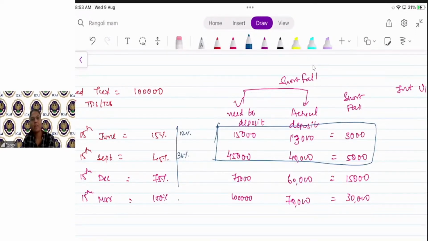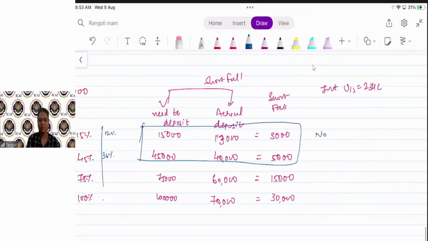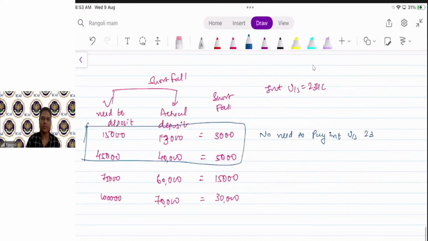So now, what is 12% of 1 lakh? It comes to 12,000. So I have deposited more than 12,000. Yes or no? Yes. So in first quarter, no need to pay interest under section 234C.